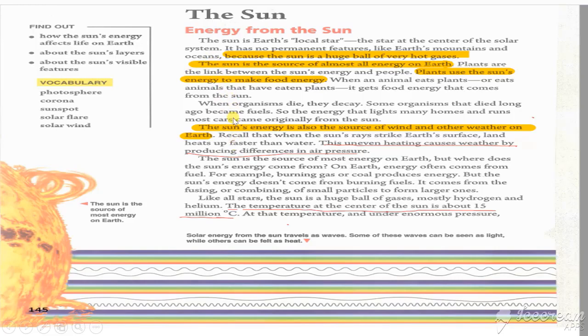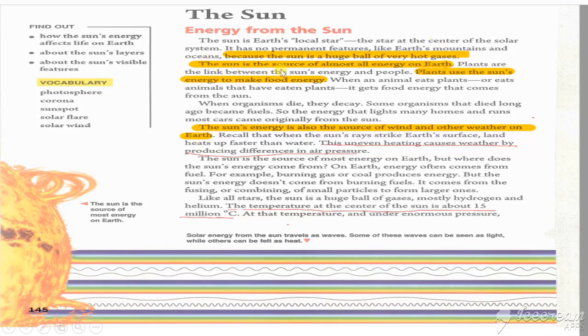Try to pay attention to these pointers, please. Number 1. The sun is the source of almost all energy on Earth. Number 2. The sun's energy is also the source of wind and other weather on Earth.